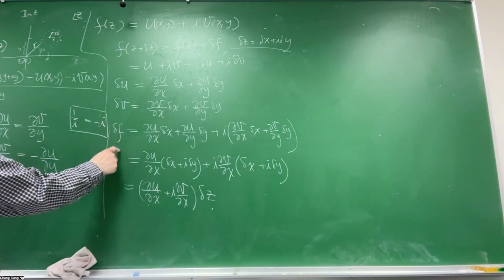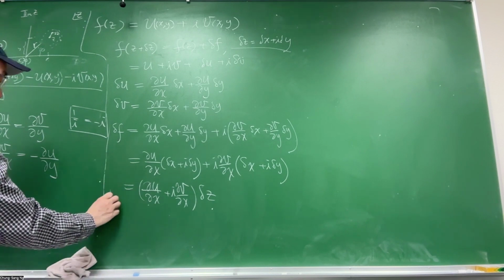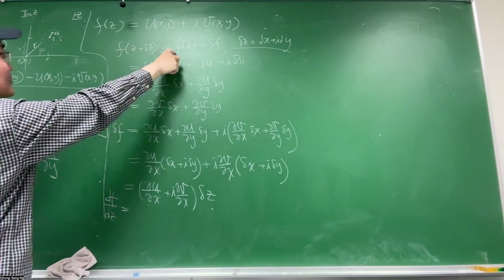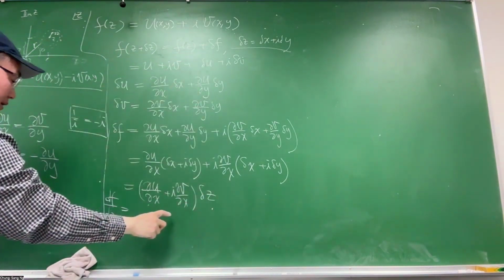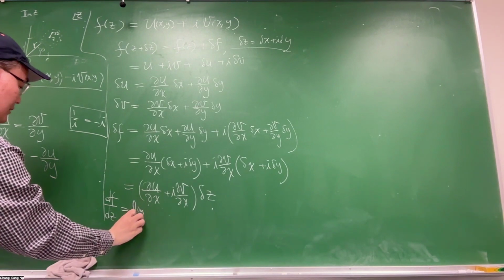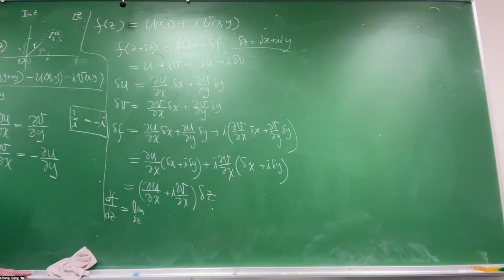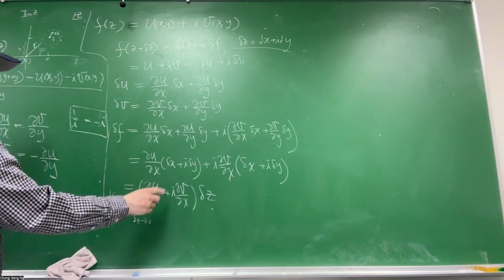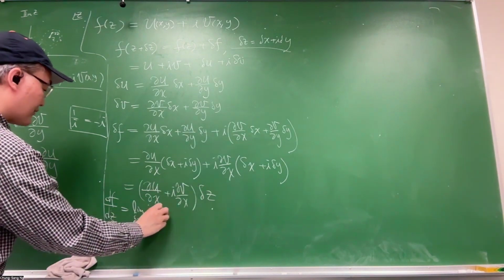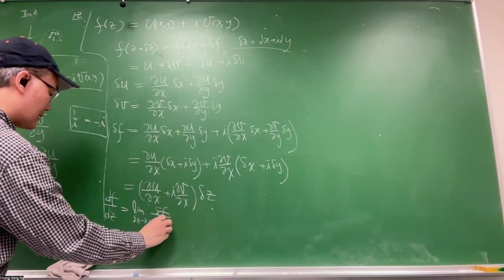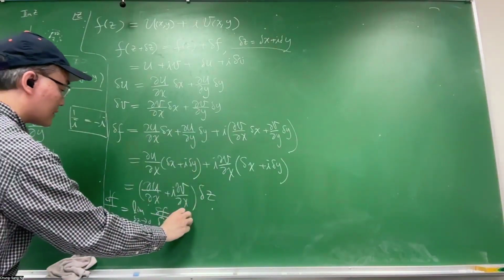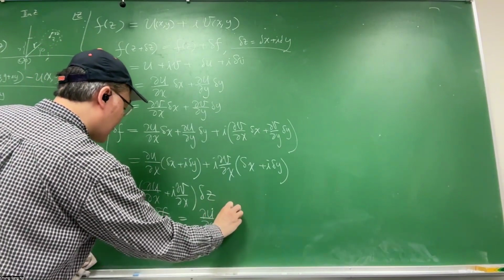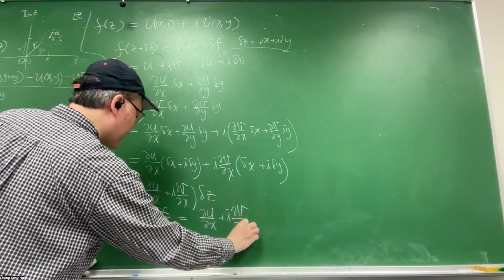Right. So df/dz now is defined as this, delta f divided by delta z in the limit as delta z goes to 0, which in this case is partial u partial x plus i partial v partial x.